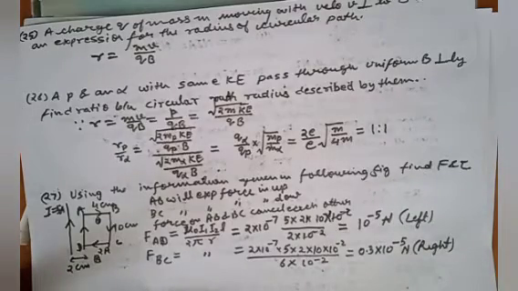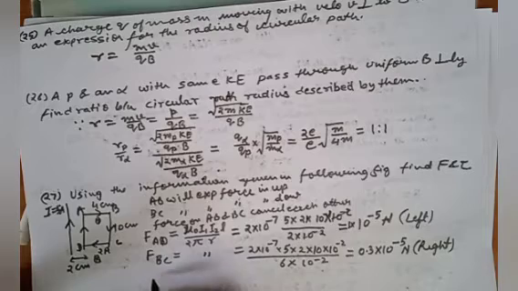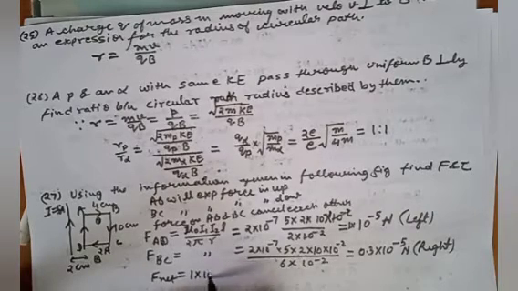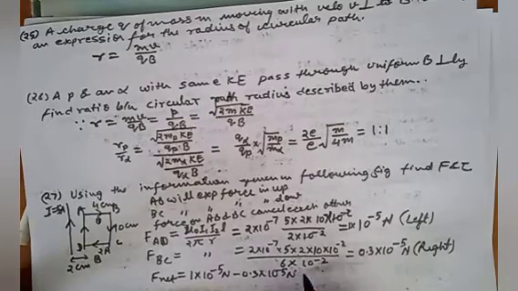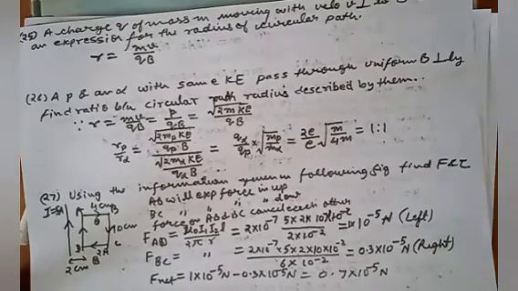So we can subtract both of them, and I am purposely writing it like this. F net will be equal to 1 into 10 to the power minus 5 Newton minus 0.3 into 10 to the power minus 5 Newton. So that will be 0.7 into 10 to the power minus 5 Newton. You can adjust the zero and write it in the form of order of magnitude, but I'm not doing it.